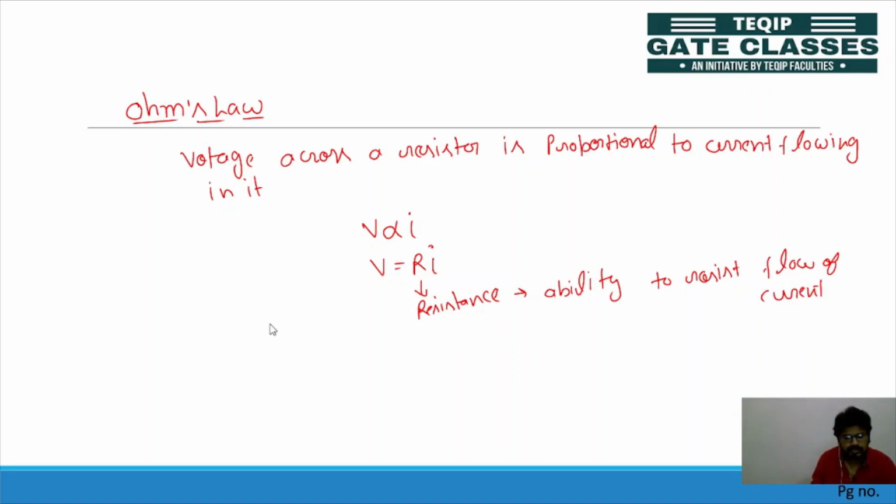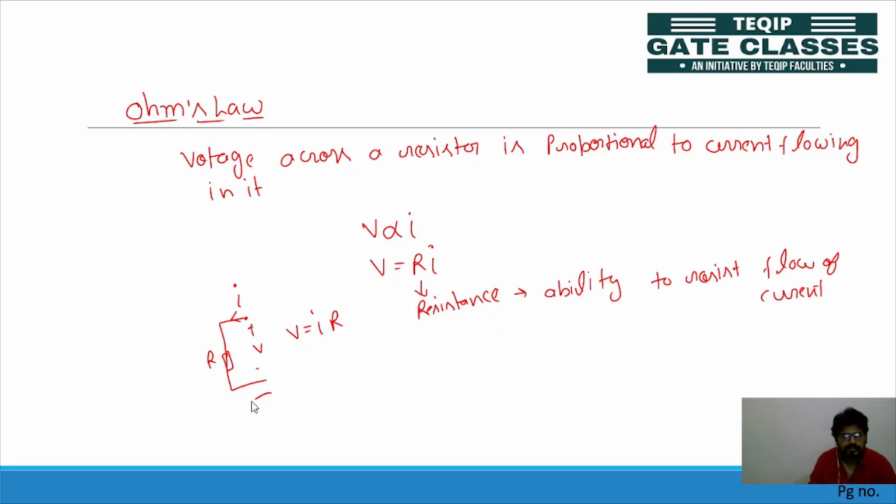So let's talk about some sign convention. If we have an element with voltage polarity V, current entering as I, and resistance R, then the voltage across the element is V equals IR if current flows from higher potential to lower potential.